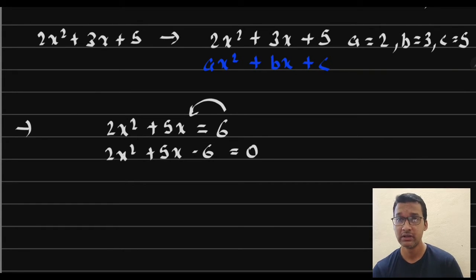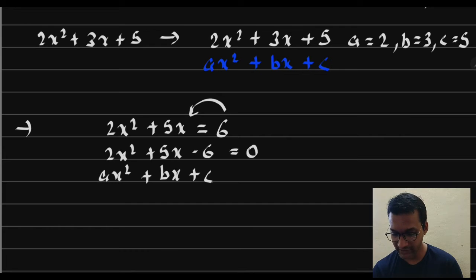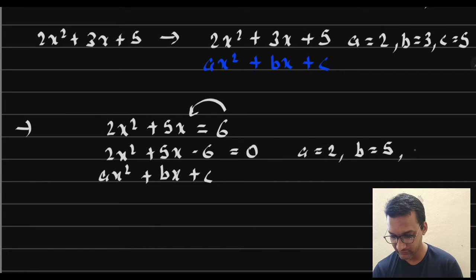Once we take the term from the RHS to the LHS, on the RHS there is no other term, so there will be 0. Now this is the standard form of the equation. We can compare this with ax square plus bx plus c and find out what a is, which is 2, b, which is 5 and c, which is minus 6.